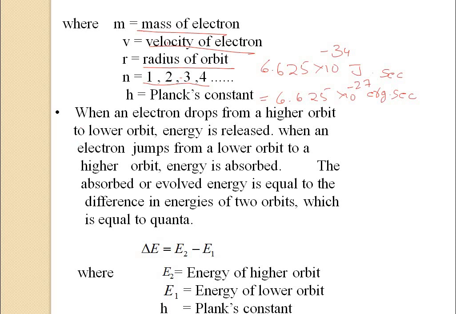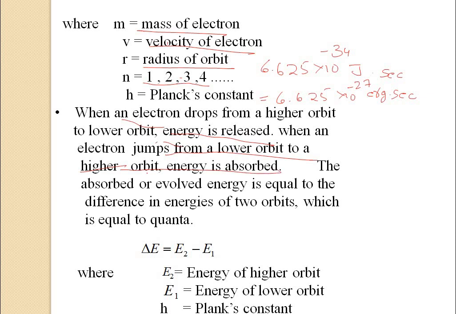One more important postulate given by Bohr is that when an electron drops from a higher orbit to a lower orbit, energy is released. When an electron jumps from a lower orbit to a higher orbit, energy is absorbed.